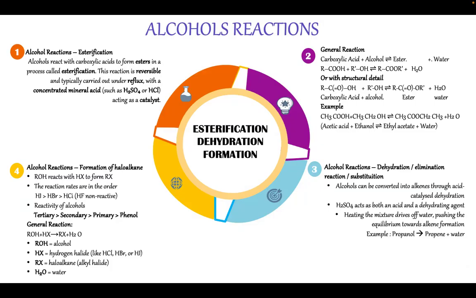So how does it work? Based on the nucleophilic substitution reaction, the OH group in alcohol is replaced by the halogen atom X from HX, and water is formed as a byproduct, as I already mentioned: CH3CH2OH plus HBr forms CH3CH2Br plus H2O.